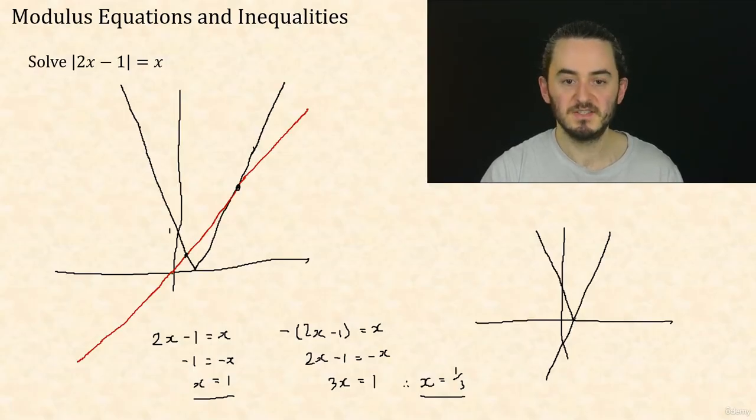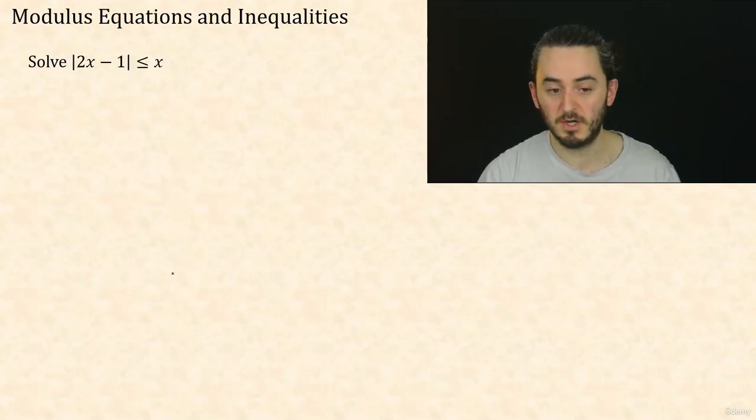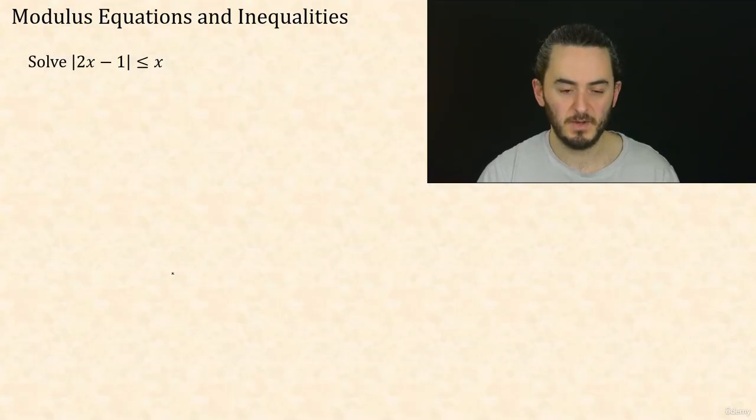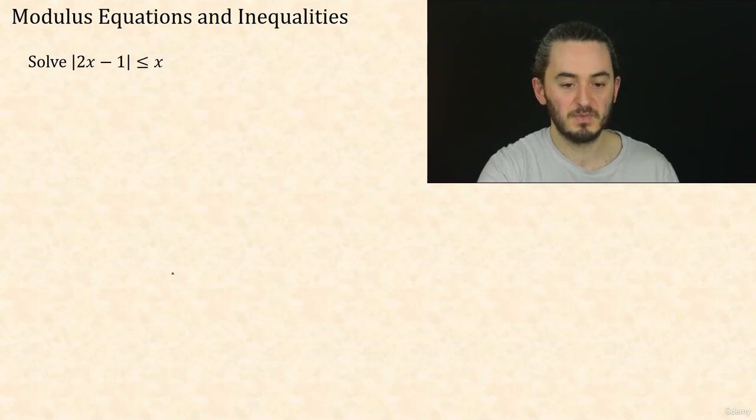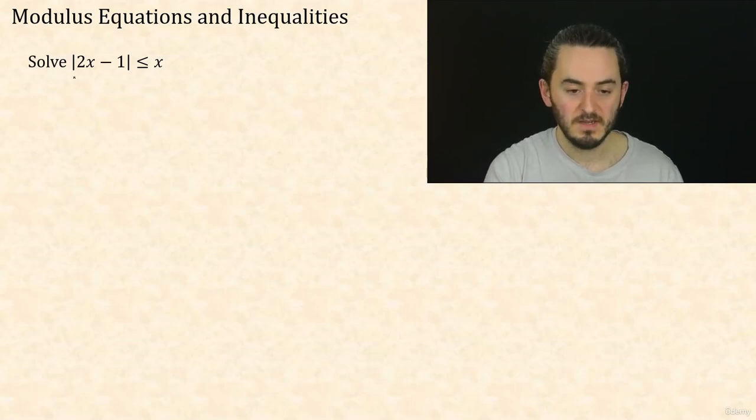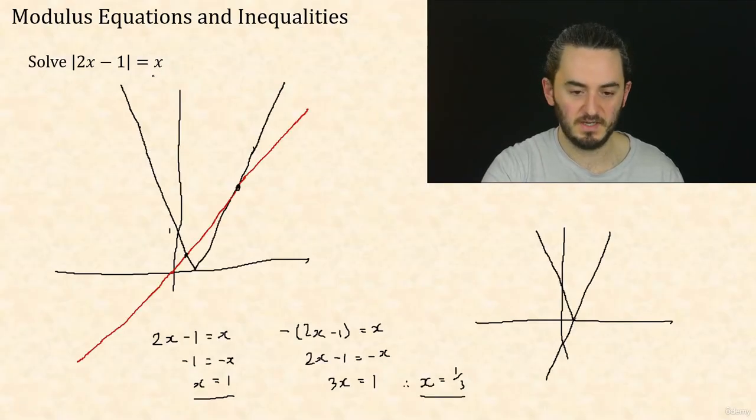Now, once again, let's consider what the solution would be if it had been an inequality. For example, mod 2x minus 1 is less than or equal to x. So again, I'm not going to draw this all out again because we've already drawn all of our graphs of this. But this is saying, when is the modulus function below the line y equals x?